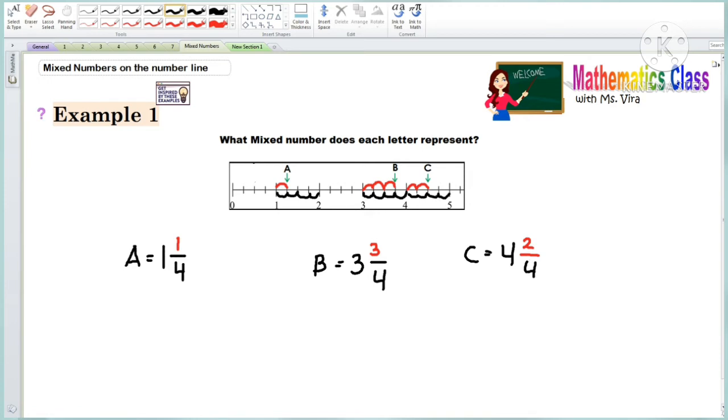So denominator is 4. As you can see, 4 wholes and 2 quarters can be simplified. So we simplify 4, the whole number stays the same. Numerator and denominator we divide by the same number, which is 2. So letter C represents 4 wholes and a half.